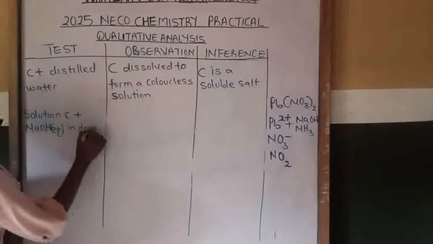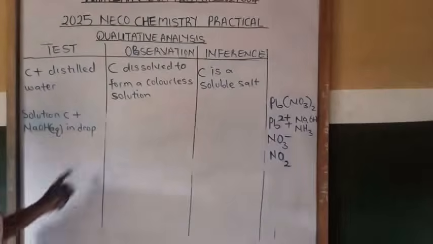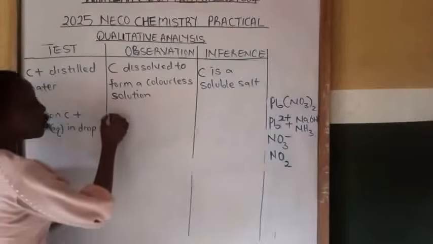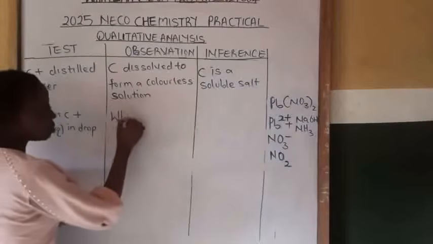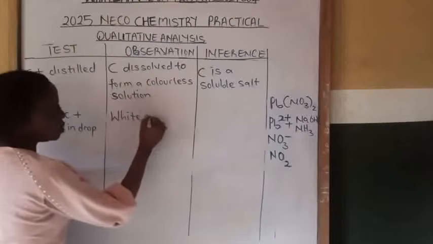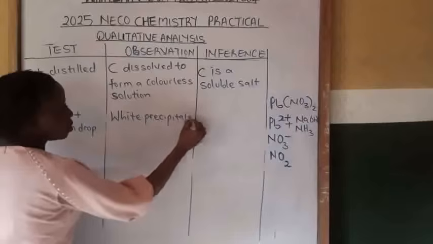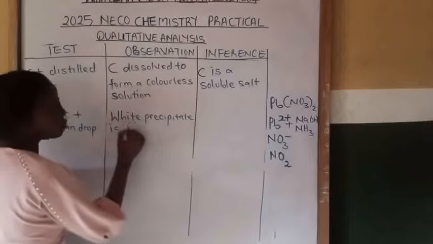You will be asked to add in drops. So addition of aqueous sodium hydroxide in drops will give you a white precipitate. White precipitate is formed.